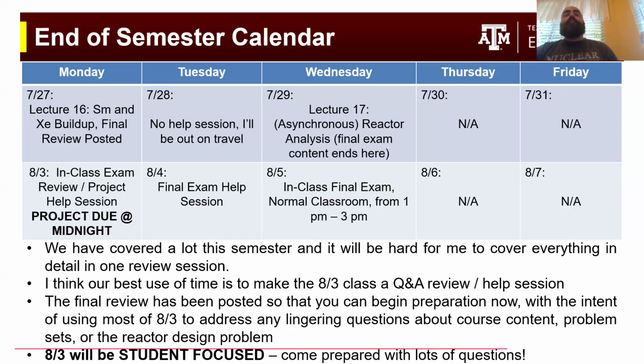If it's about finding the flux magnitude for a certain type of reactor, and when I say a certain type of reactor, I mean a one group diffusion theory, bare homogeneous reactor, using one group diffusion theory. So if I asked you to find the flux magnitude for a particular geometry, that answer is already in Dr. Svedkov's notes. So a lot of the answers to these exam questions would either be in the notes or they would be in the problem set solutions.